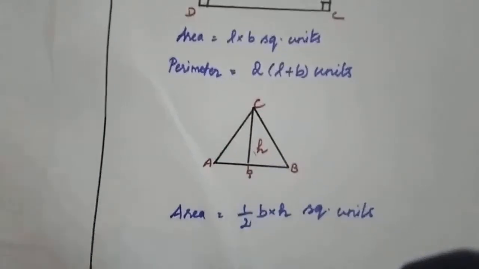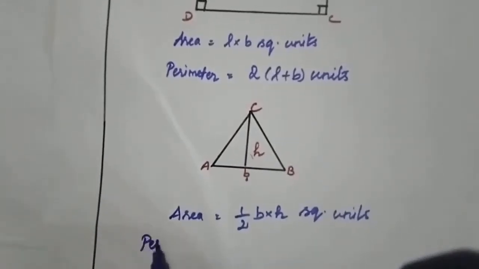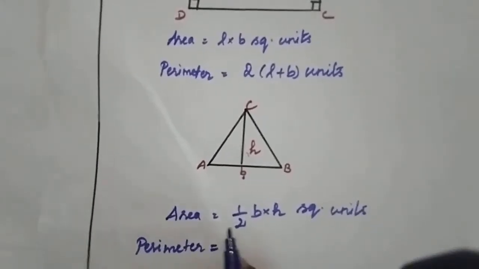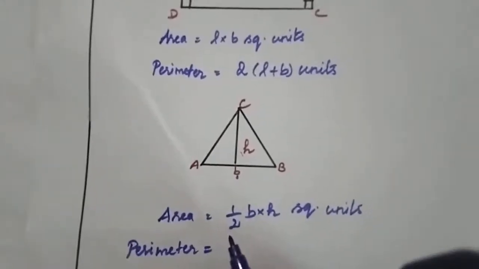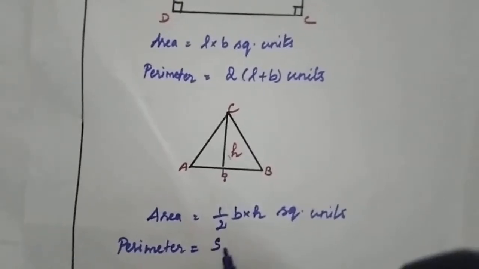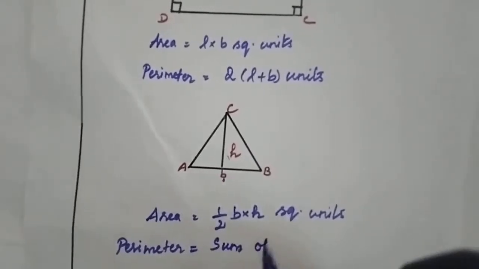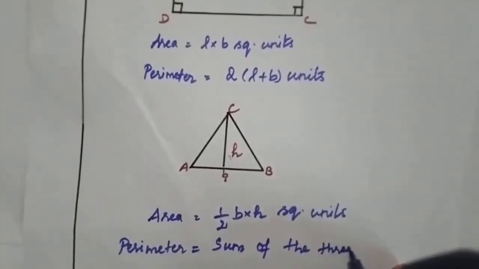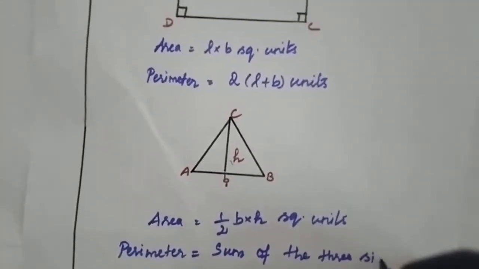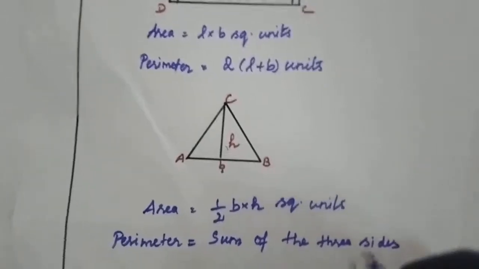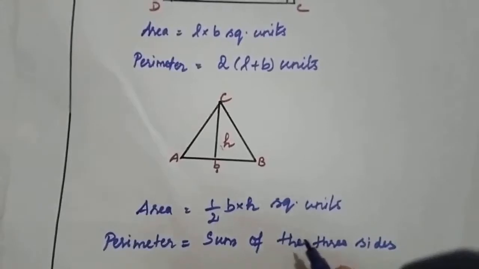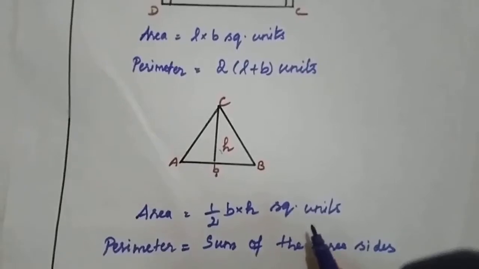And perimeter is the sum of the three sides. And note that if a triangle is a right angle triangle, then one angle is 90 degrees.